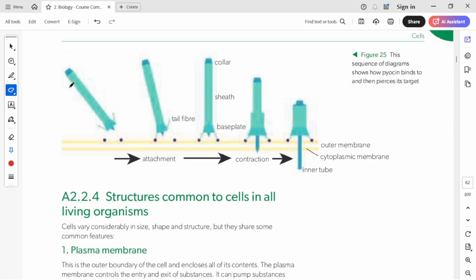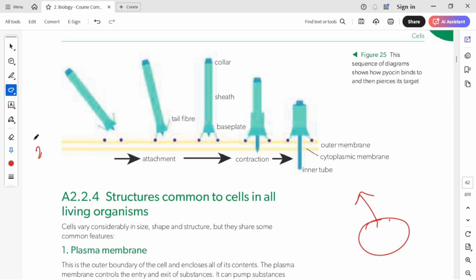First of all, the pyocin molecule will come and attach to the other bacteria that are present around. Suppose this is one bacteria and it doesn't want other bacteria to live around it. So it will produce pyocin proteins and send them to the other bacterial membrane.